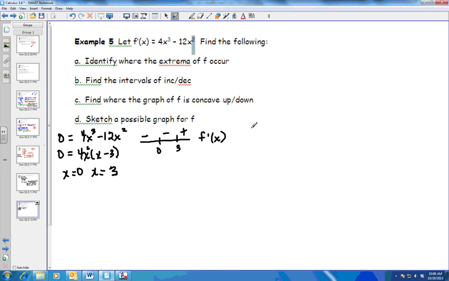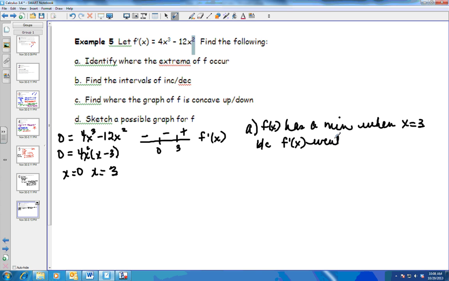Okay, so this is part A. f of x has, I only have a min for this one because it went from negative to positive. Has a min when x is 3 because f prime of x went from negative to positive.